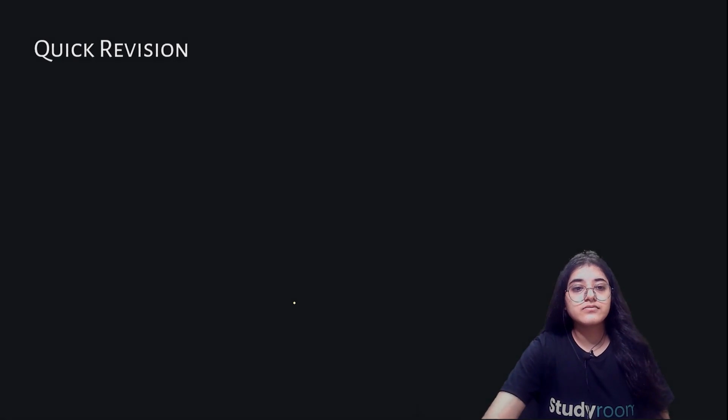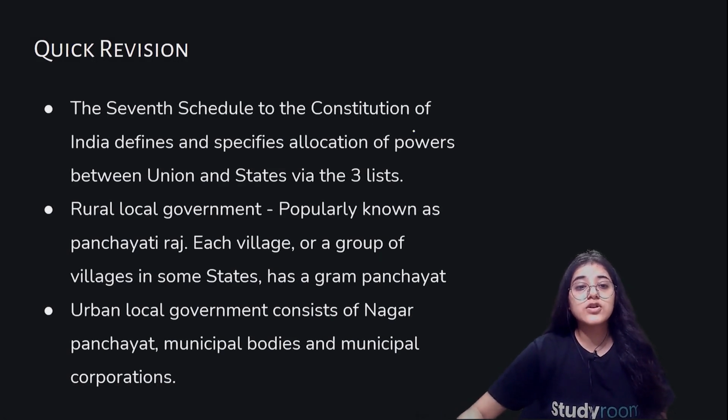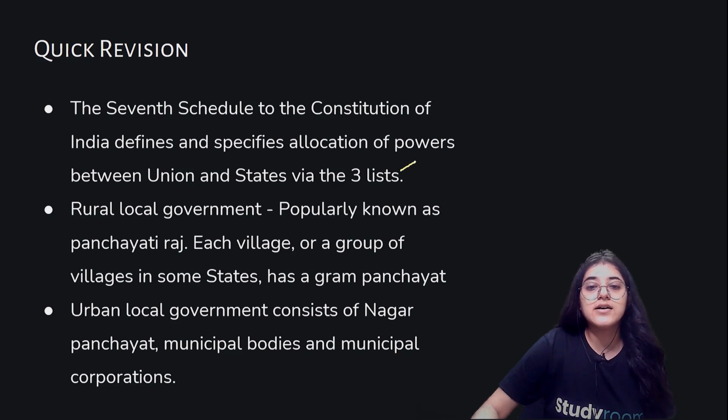Moving ahead, the 7th Schedule of the Constitution of India defines a specific allocation of powers between the union and the state via 3 lists, and we have talked about these lists: the union list, the state list and the concurrent list.